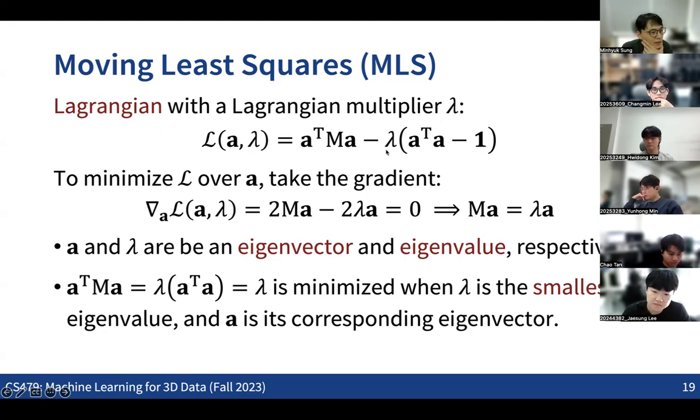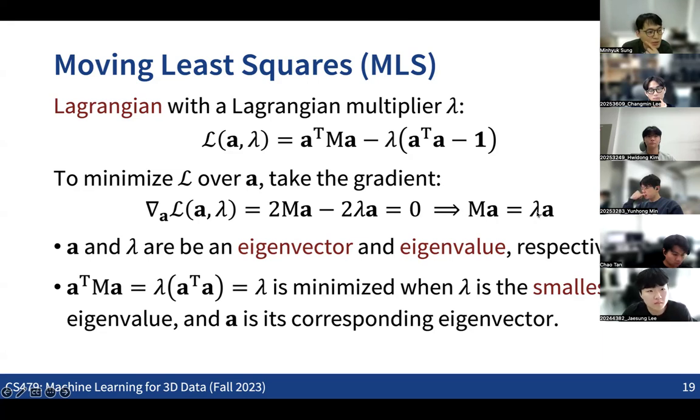By solving the minimization over the Lagrangian with the variable a, what we can see is that lambda, which is a new variable, the Lagrangian multiplier, should satisfy this condition.